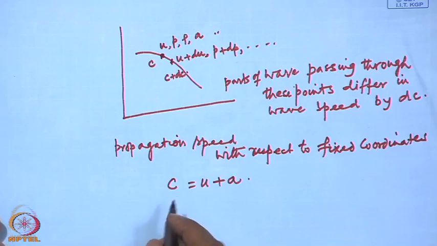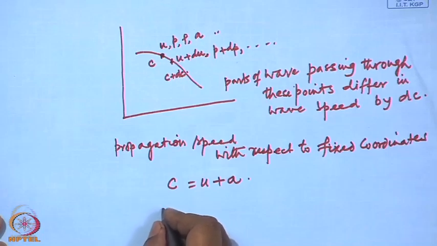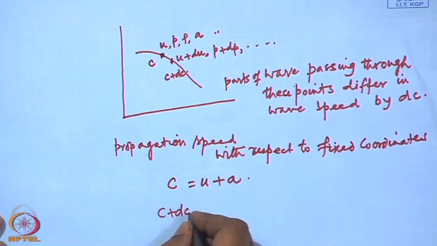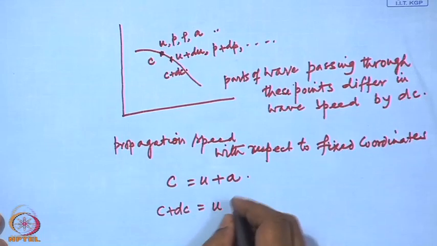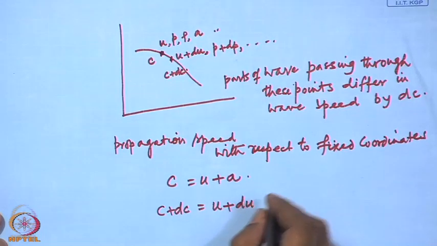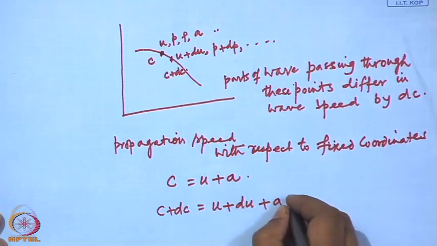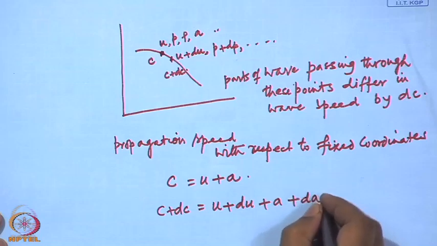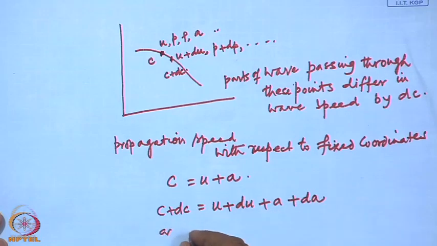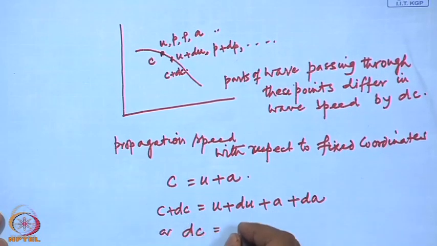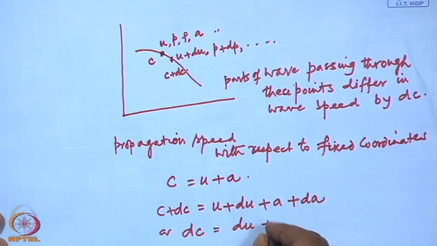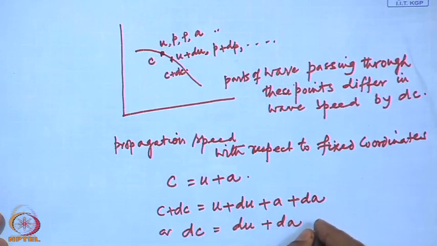Now, the propagation velocity of the adjacent part of the wave, c plus dc, is u plus du plus a plus da, or dc is du plus da.